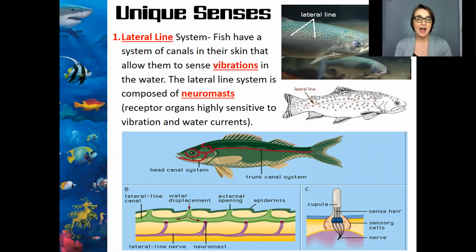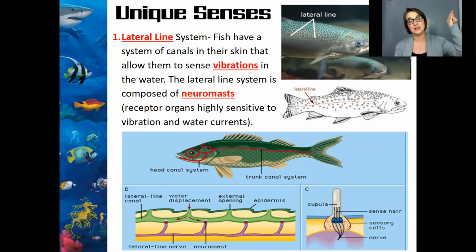Now, fish do have one type of unique sense that is going to be different from any other type of animal on the planet. This is called the lateral line. So the lateral line system is going to be that line that you see going all the way down on a fish. I always point to the stuffed animals that I have like hot glued to the wall up there.